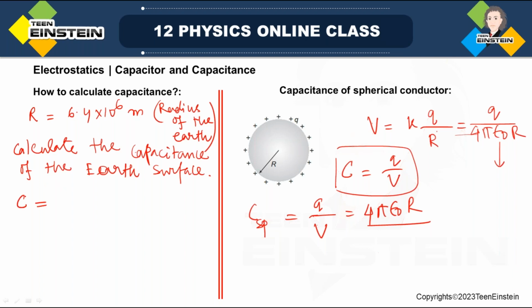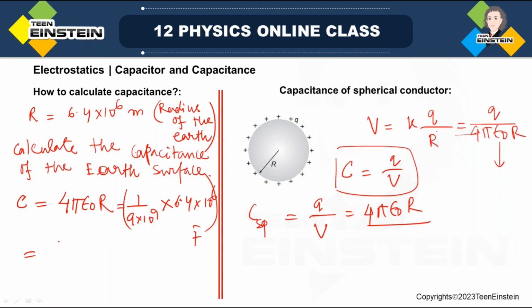C is equal to, for a spherical conductor, 4 pi epsilon naught R. Here 4 pi epsilon naught means 1 over 9 into 10 to the power 9, and R is given in SI units, 6.4 into 10 to the power 6, so this will give the unit of farad.